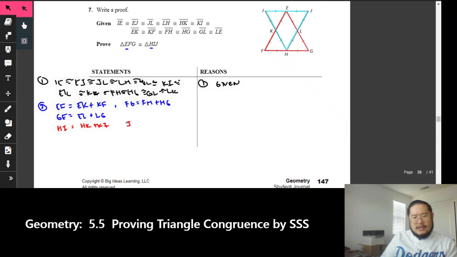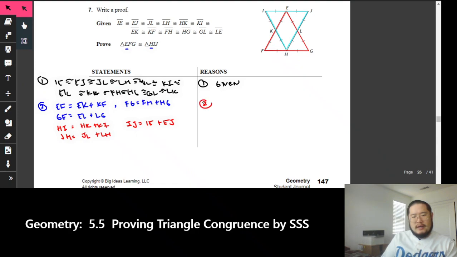And we have IJ, which is equal to IE plus EJ. And then the last side is JH, and that is equal to JL plus LH.